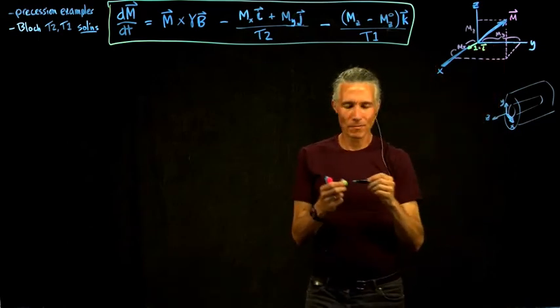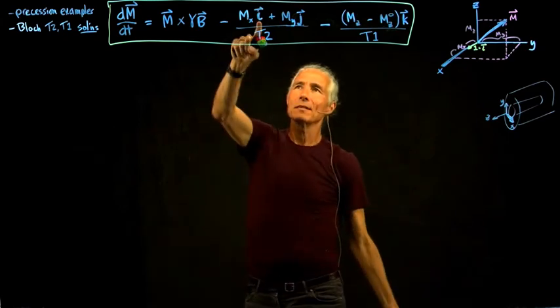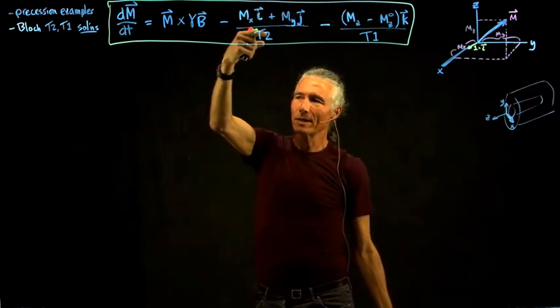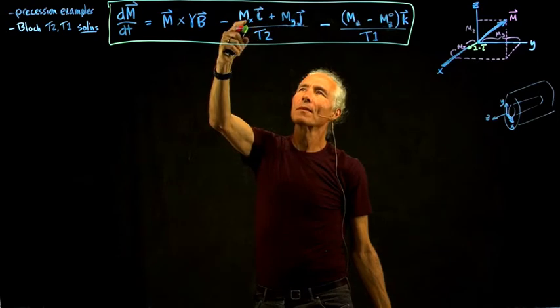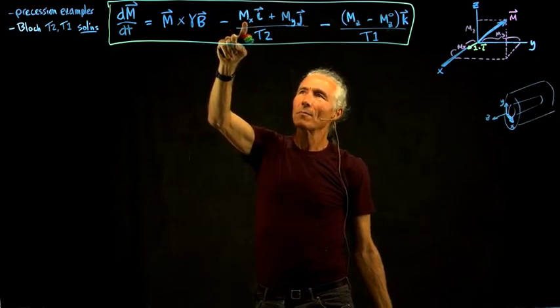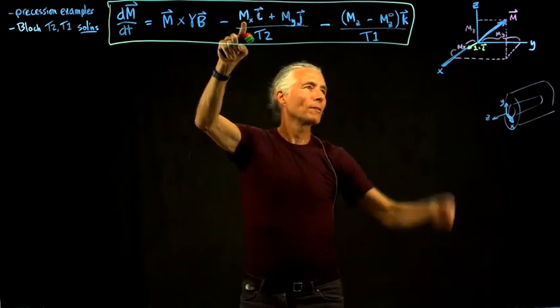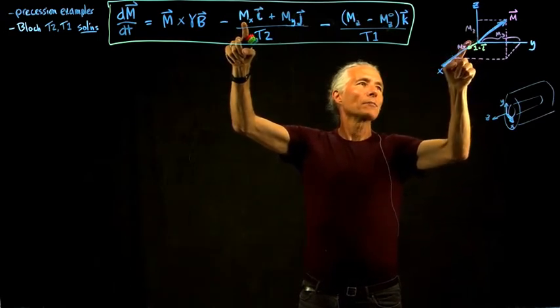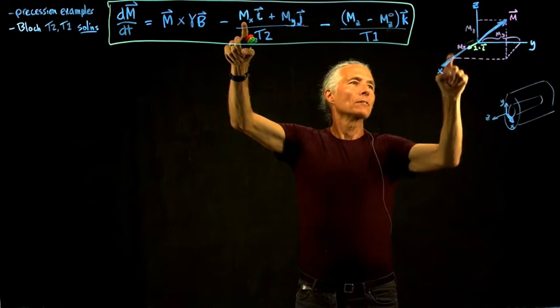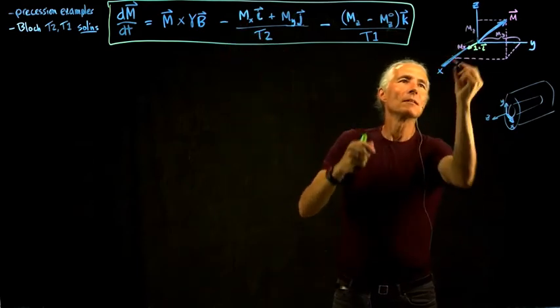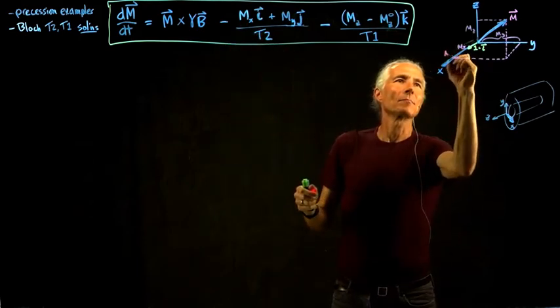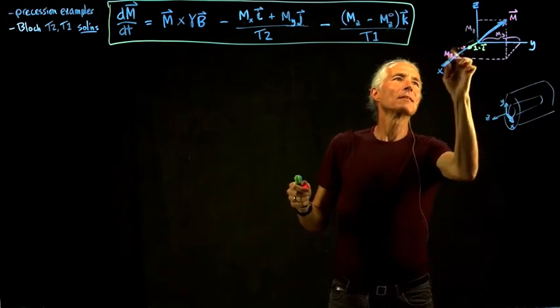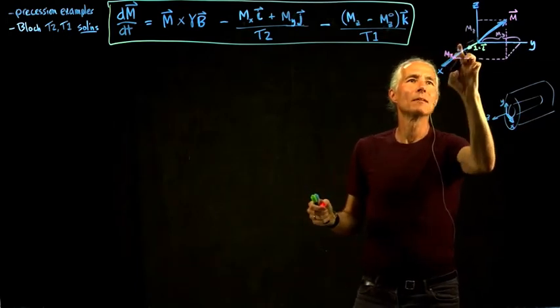So that's the unit vector. That's just a vector of length 1, pointing along the x-axis. And then we scale that vector by however much the mx value is, this point right here. So I'll put the mx right next to the top of it there.